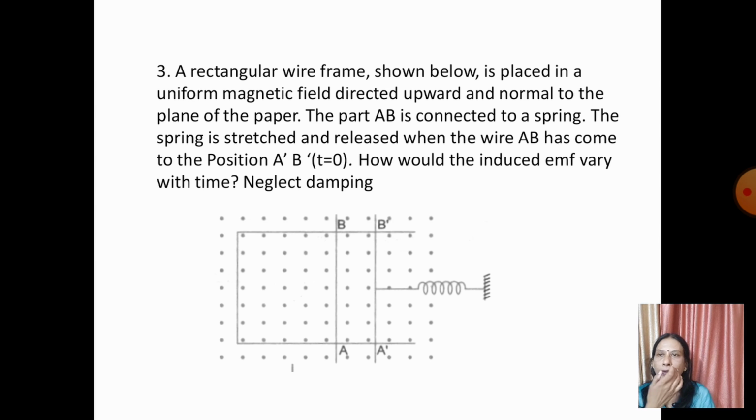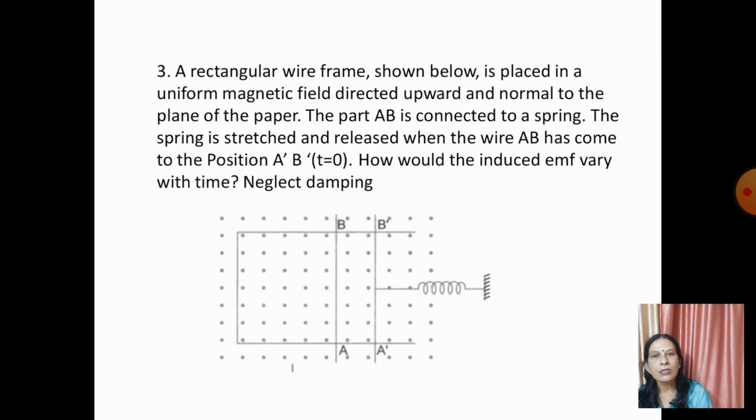Next question. A rectangular wire frame shown below is placed in a uniform magnetic field directed upward and normal to the plane of the paper. The part AB is connected to the spring. You can see in this diagram, AB is connected to the spring.